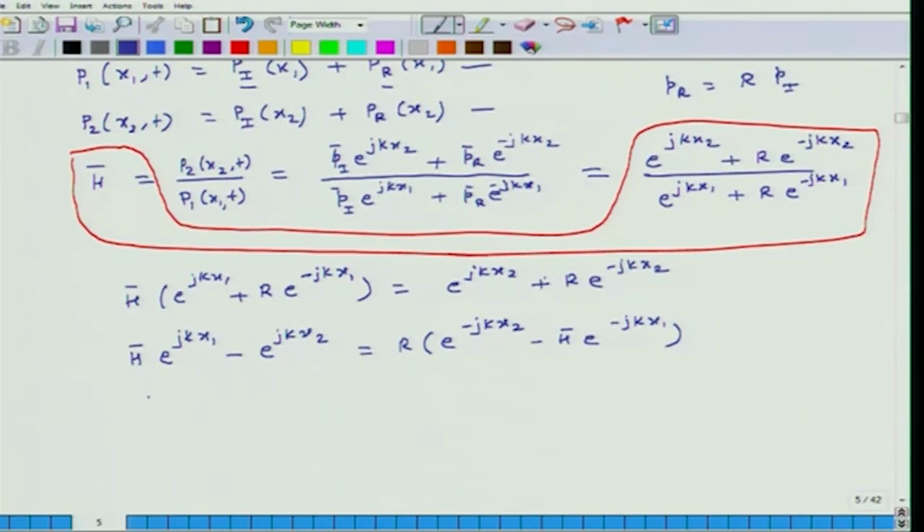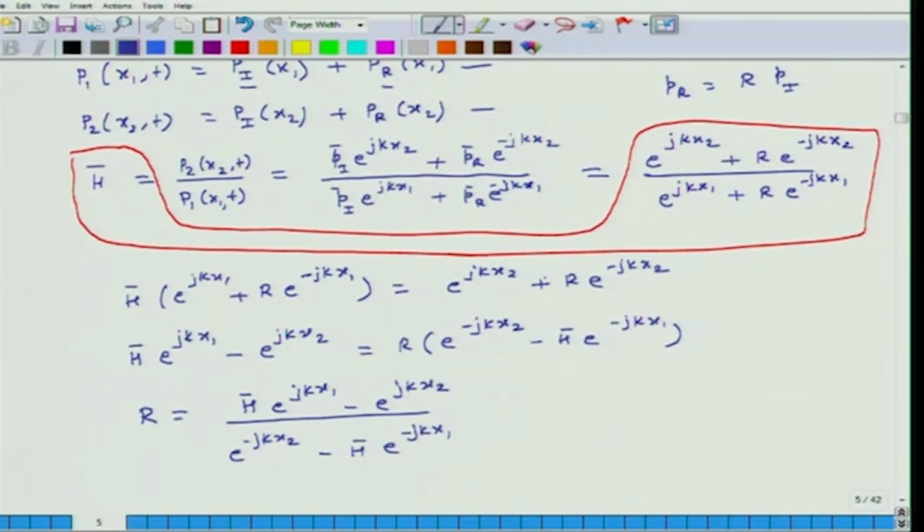And from this you can compute r, and r is h bar e^(jkx1) minus e^(jkx2) divided by e^(-jkx2) minus h bar e^(-jkx1).